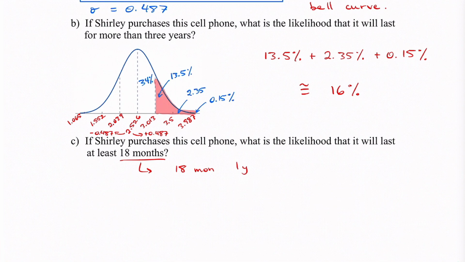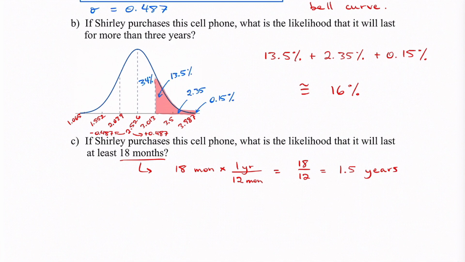In 1 year, there are 12 months, so I'm going to multiply by that. I'm going to have 18 times 1, and then divide by 12. 18 times 1 is 18, and then dividing by 12, that is going to give us 1.5. So this is 1.5 years.